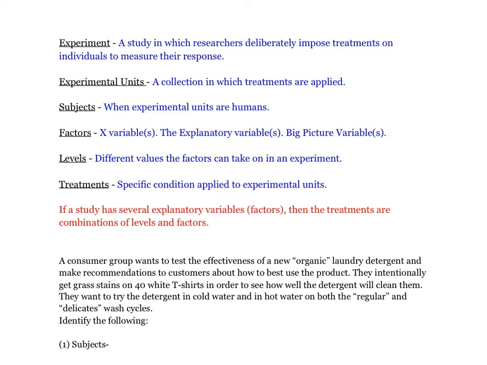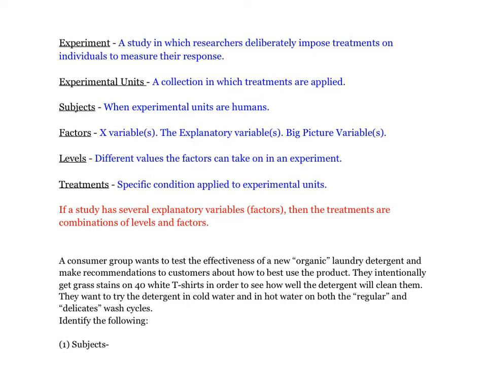So there are some terms that go along with experiments. Remember, the definition of an experiment is a study in which researchers deliberately impose treatments on individuals to measure their response. The experimental units are a collection in which treatments are applied. You might be doing your experiment on fabric for a couch, like which fabric holds up longer.